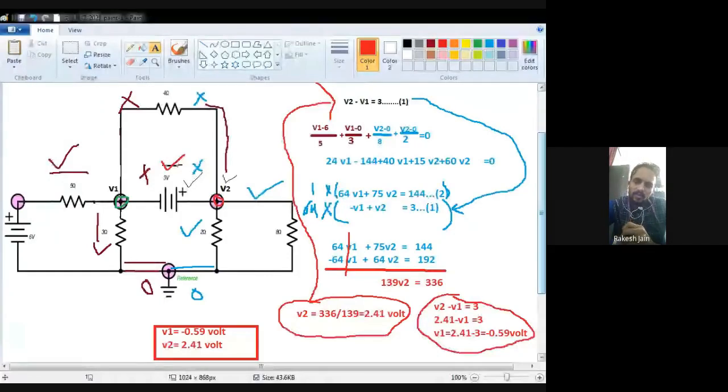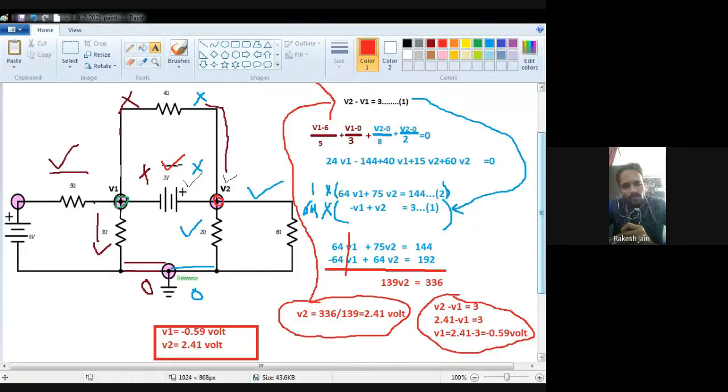So the first equation for any supernode question is to write the equation for that battery voltage because of which the supernode is created. Here a 3 volt battery is connected between V1 and V2. So 3 is equal to the equation for this battery voltage.